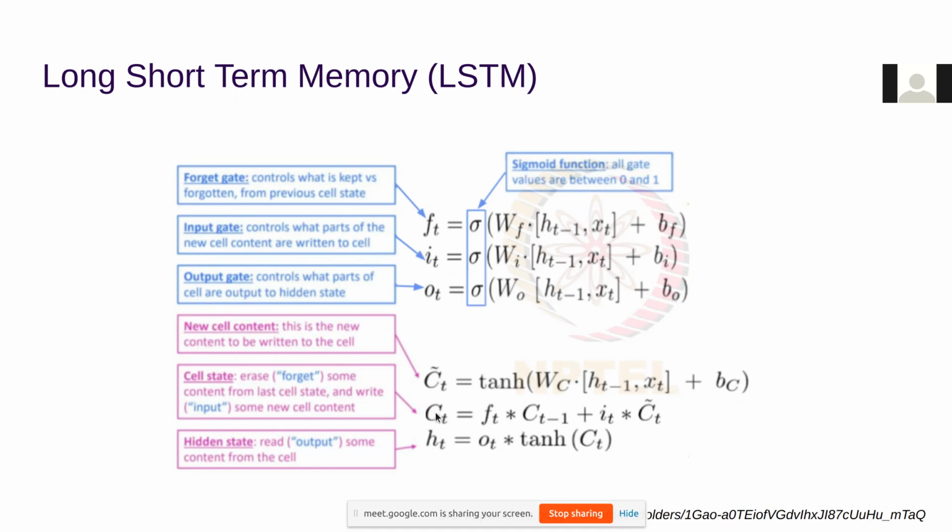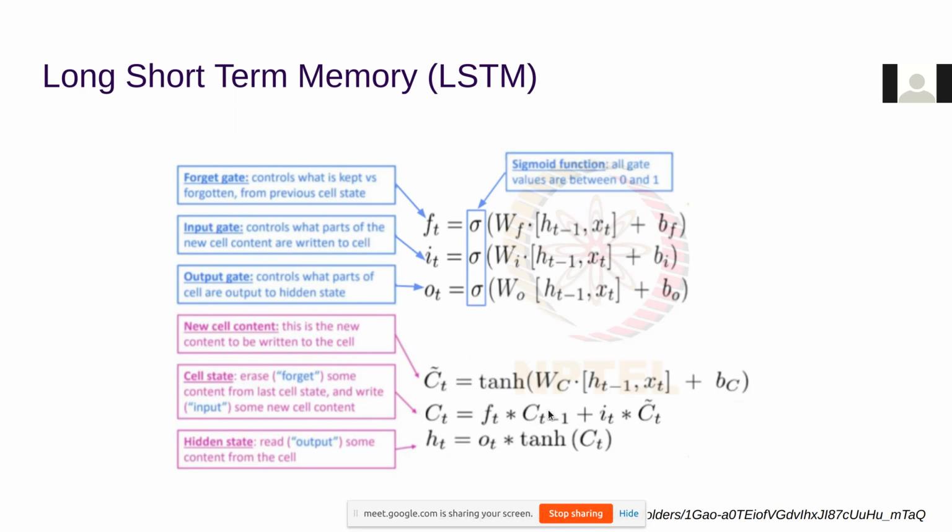And the final current cell content will be some convex combination of the new cell content and the old cell content.